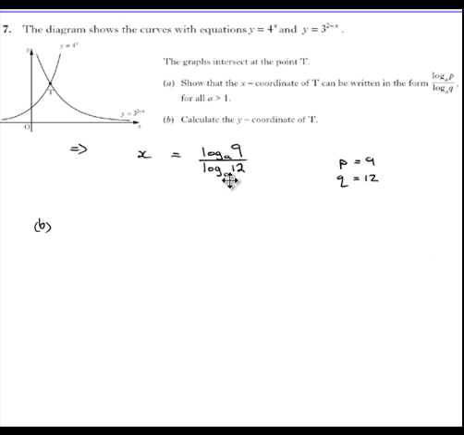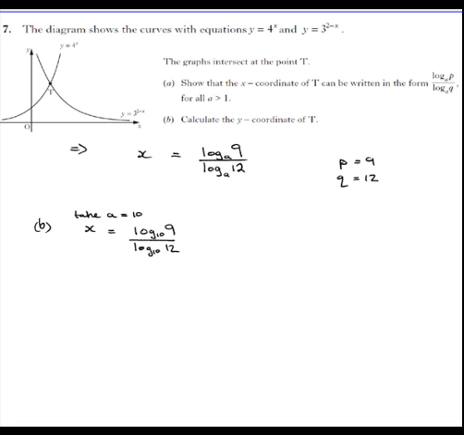On our calculator, we've got a log button, which stands for log to the base 10. So we'll choose a equal to 10, and then to work out a numerical value for x, we just need to work out on the calculator log to the base 10 of 9 divided by log to the base 10 of 12.